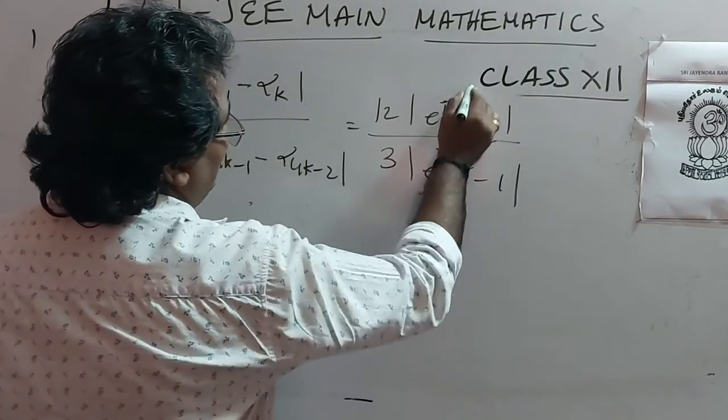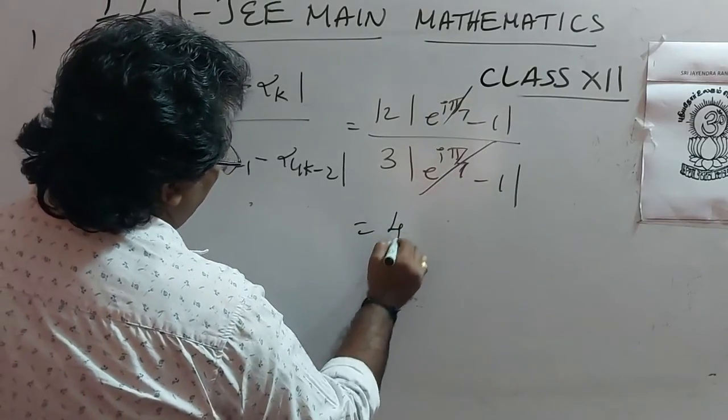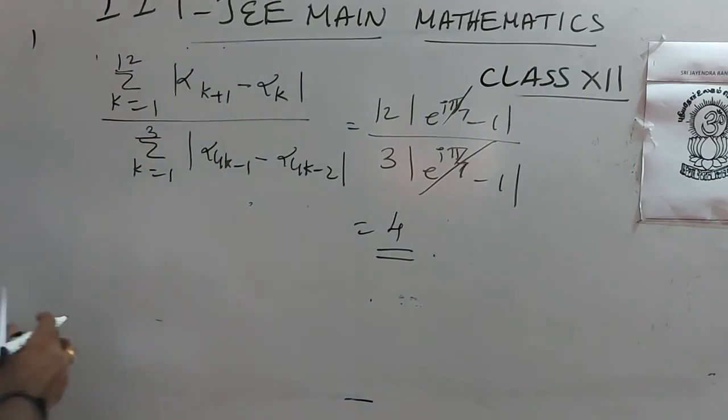This will be cancelled, 12 by 3 equals 4. So that's the answer.